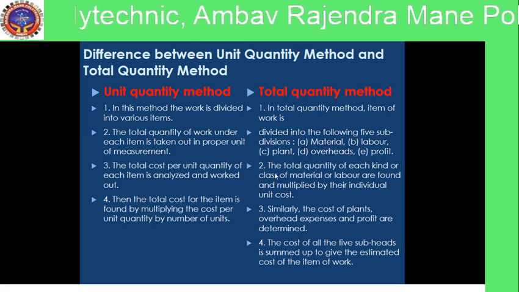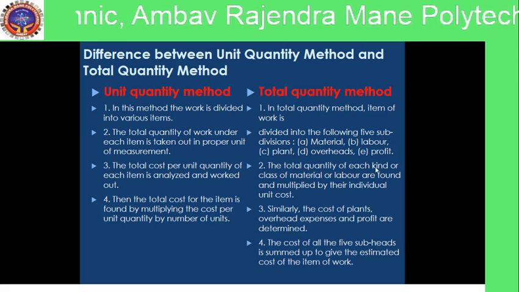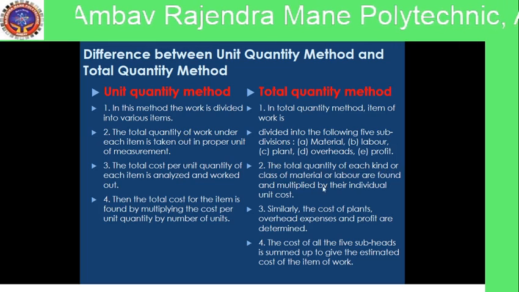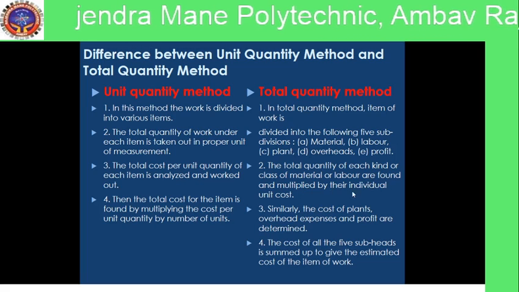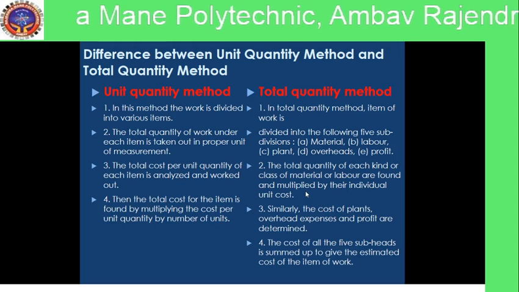In total quantity method, the total quantity of each kind or class of material or labor are found and multiplied by their individual unit cost.